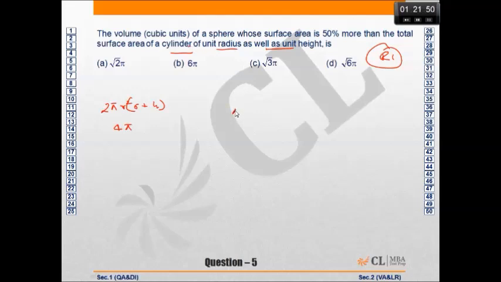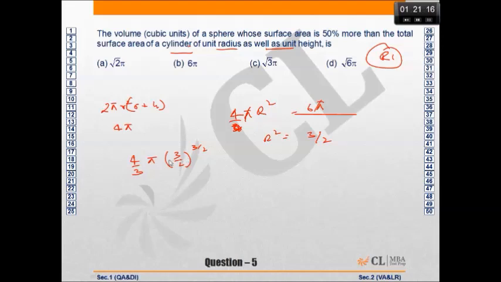So the area of the sphere should be 6 pi. 6 pi should be equal to 4 pi r square, where r is the radius. That means r square is equal to 3 by 2. And what is the volume? Volume will be 4 by 3 pi into r cube, 3 by 2 raised to power 3 by 2.